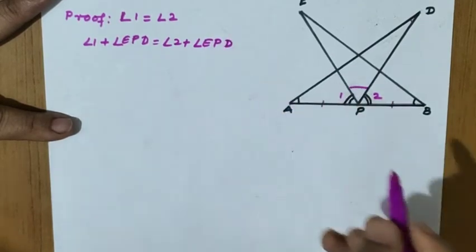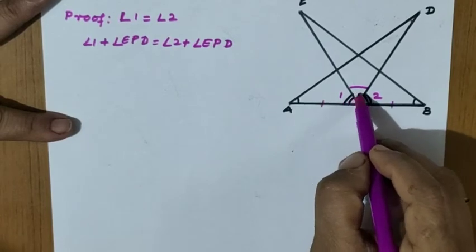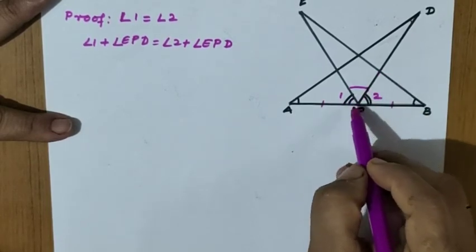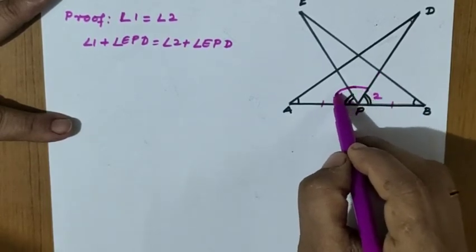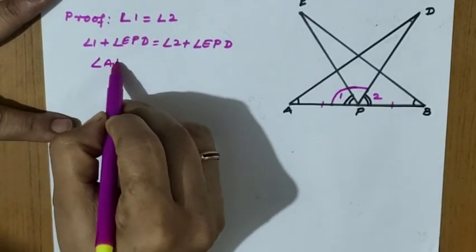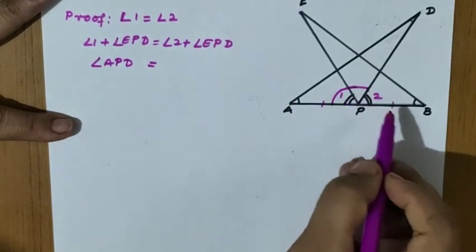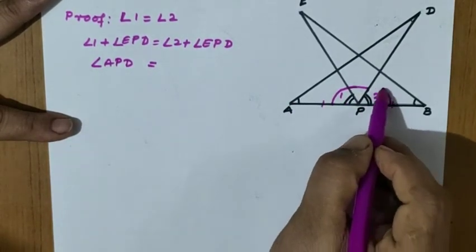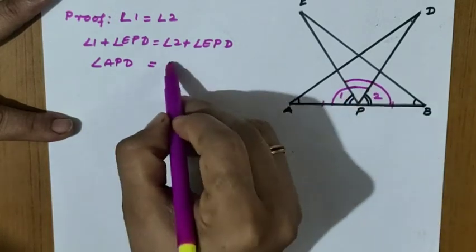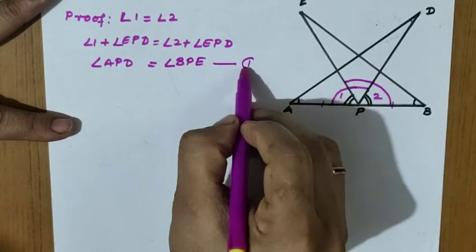What is the final result of this one? Starting with angle 1 and ending with this ray, the whole angle will be like this. So angle APD. Similarly, angle 2 we added EPD. So it is starting from here, BPE, right? Angle BPE. So equation number 1.